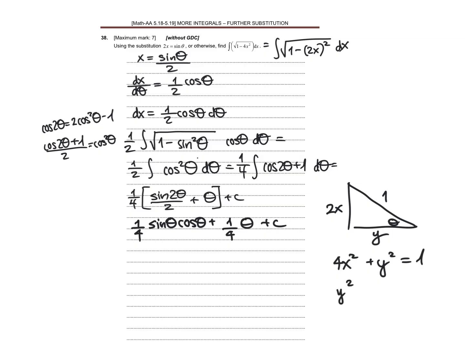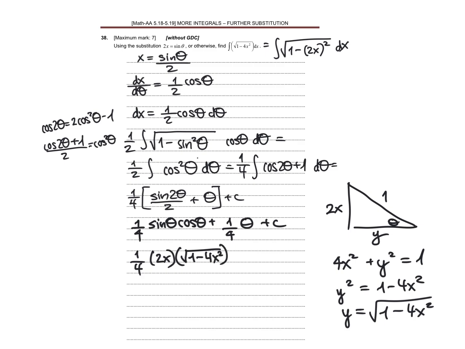So y squared is 1 minus 4x squared, and we square root. So now, sine theta is 2x. Cosine theta is the adjacent over the hypotenuse, which is just 1, plus 1/4 theta.